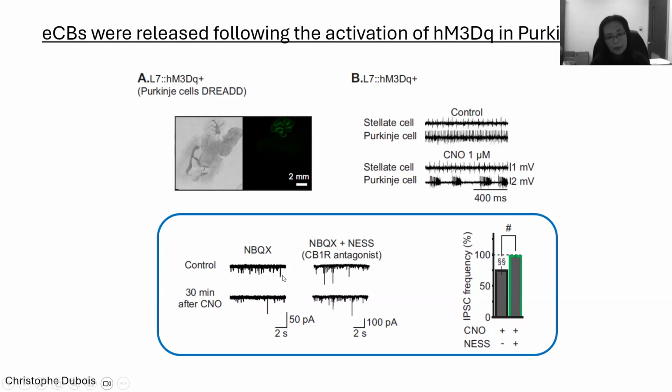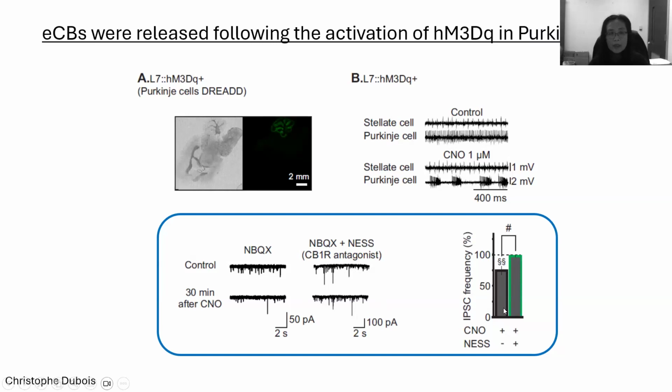If you look at the downward deflections, the number of downward deflections after CNO application is reduced, which is shown here. However, if we include a CB1 receptor, or endocannabinoid receptor, antagonist in the solution and repeat the same experiment, we now see that application of CNO no longer reduces the frequency of miniature IPSCs.